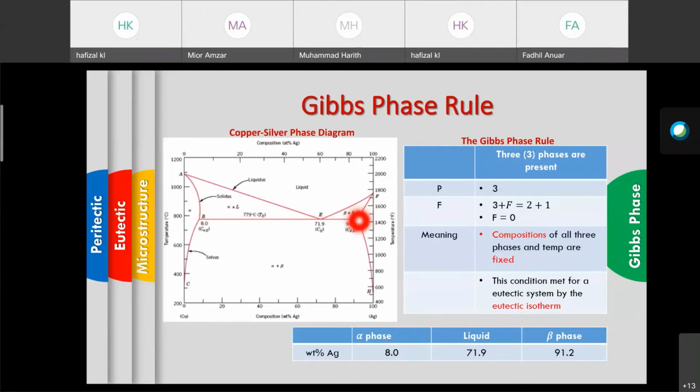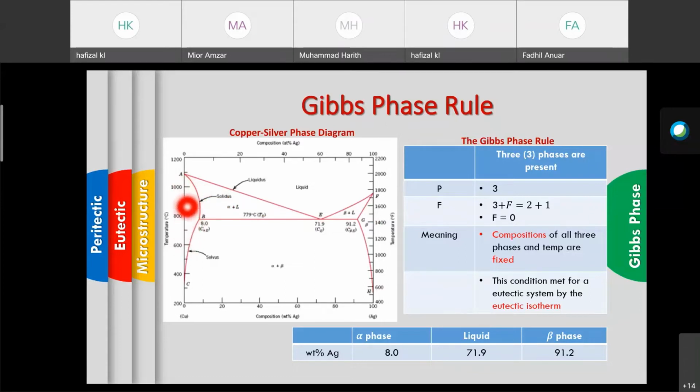The beta area here is 100% Ag, only Ag. So this area is alpha, where only alpha exists.